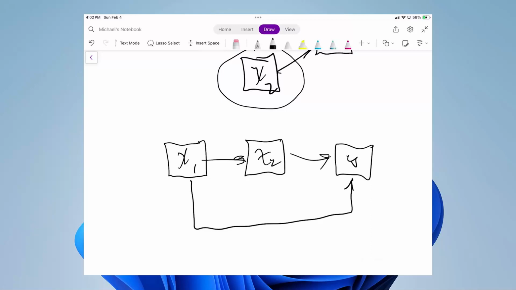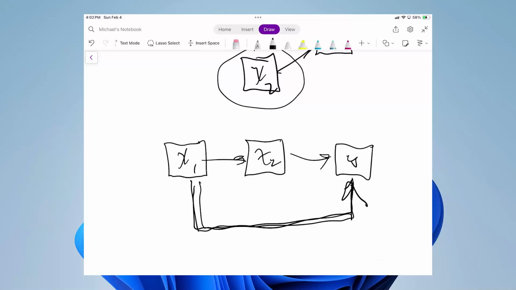If we remove the effect of x2 from x1 and y, and we find out that there's still a correlation of x1 and y, that tells us that there is this direct effect, that part of the influence of x1 on y does not pass through x2.